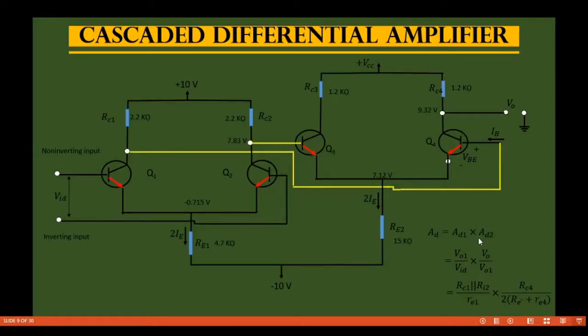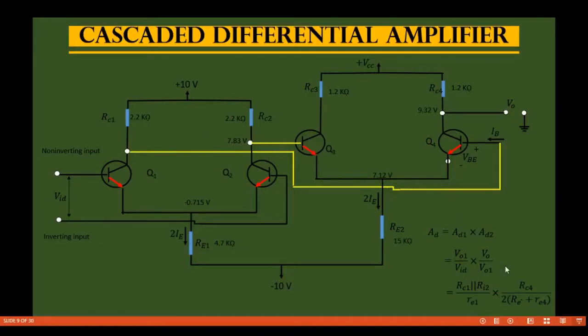Now see carefully that at the second stage we have the voltage gain of the second stage. The output of this second stage is VO, but the input is the output of the first stage, that is VO1.